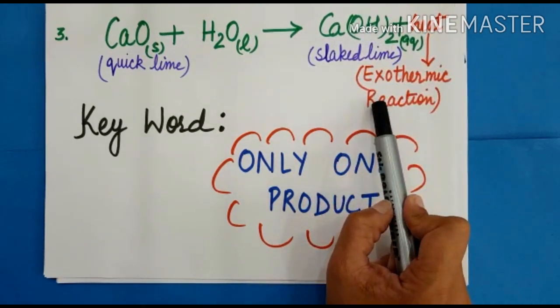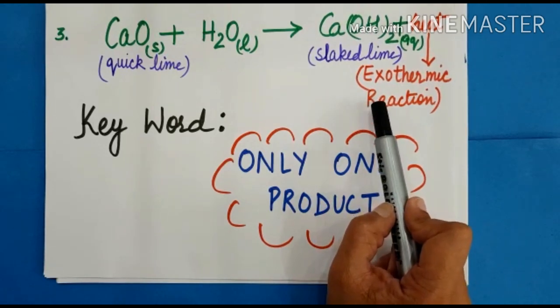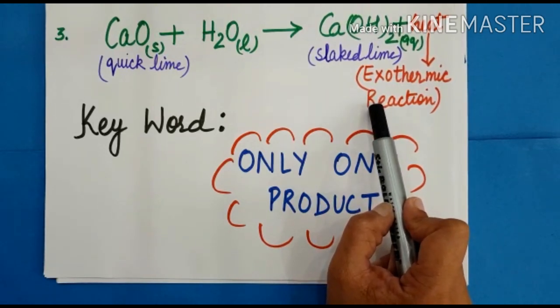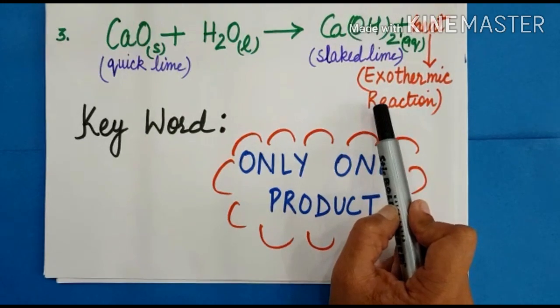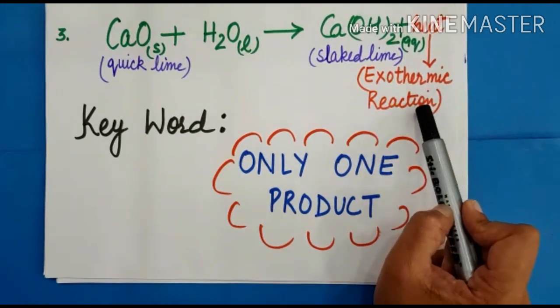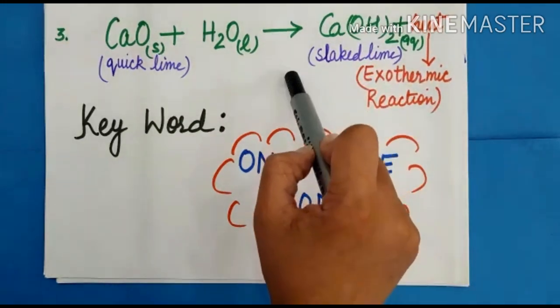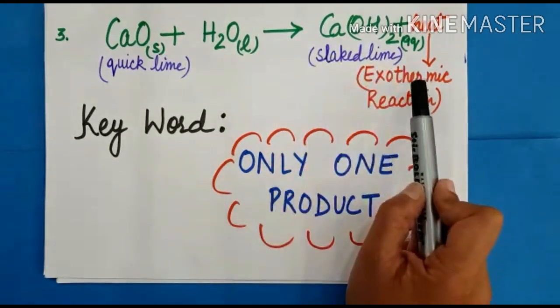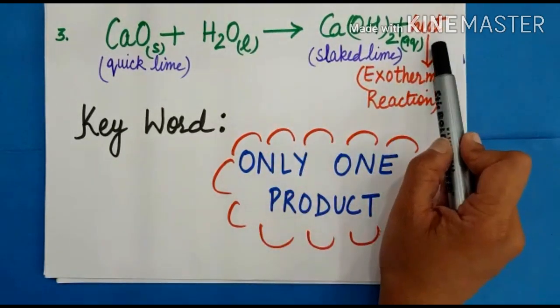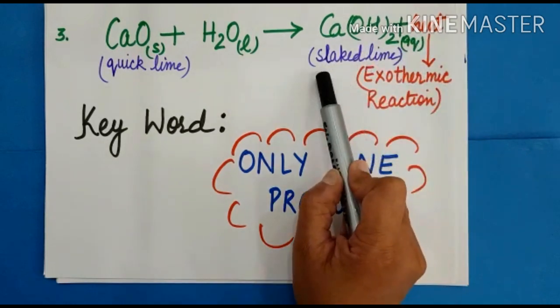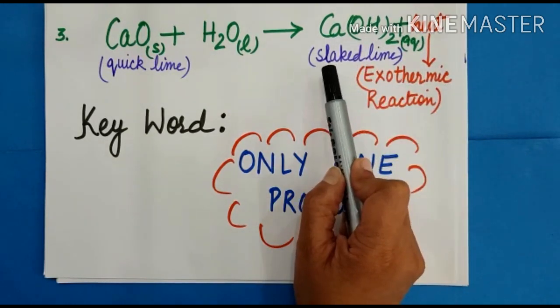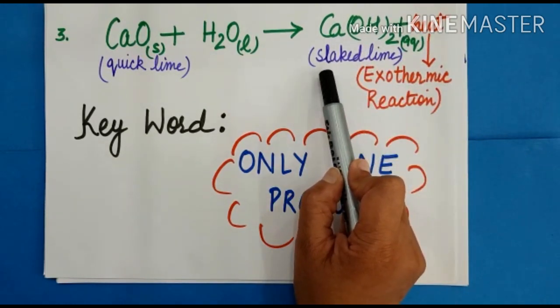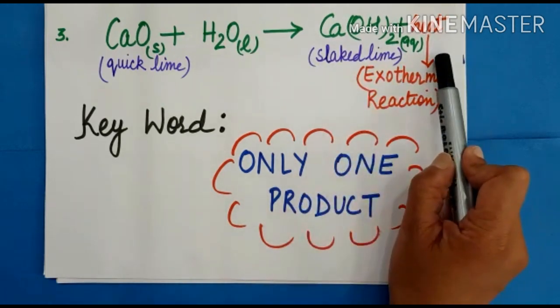On the basis of change in temperature, we can categorize reactions into 2 categories, exothermic and endothermic. So this reaction comes under the category of exothermic reaction because heat is released. So the same reaction is an example of combination reaction because one product is formed, as well as an exothermic reaction because heat is released in the same reaction.